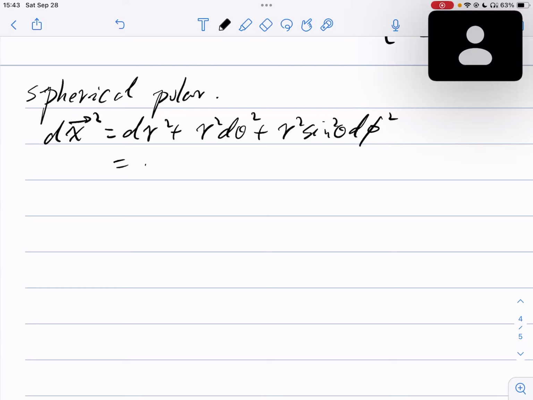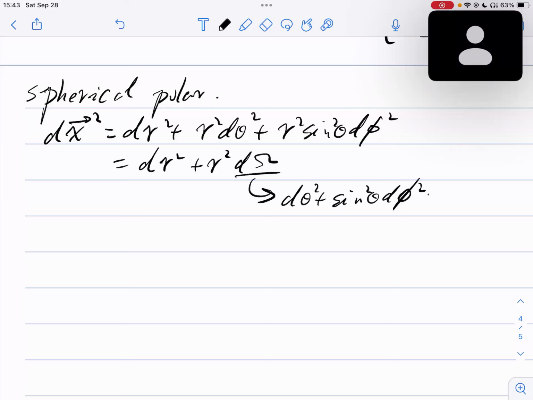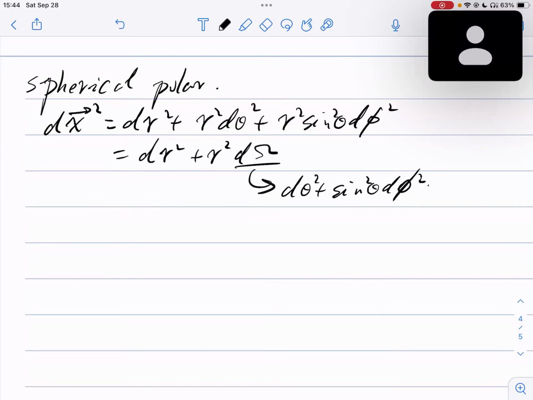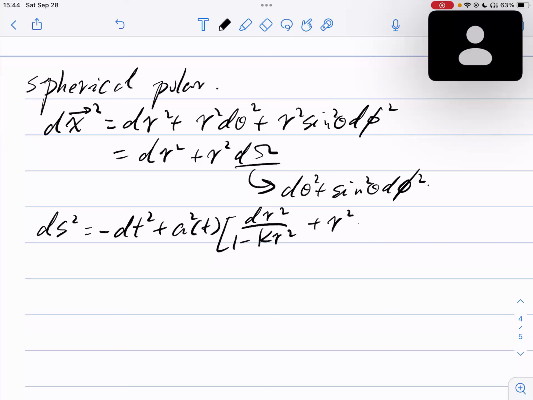Like we write just dr square plus r square d omega, and this d omega is d theta square plus sine theta square d phi square. And the FRW metric can be written as ds square equals minus dt square plus a square t times dr square over 1 minus k r square plus r square d omega. Okay.